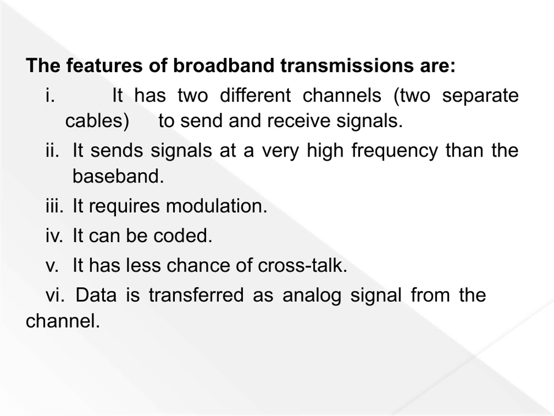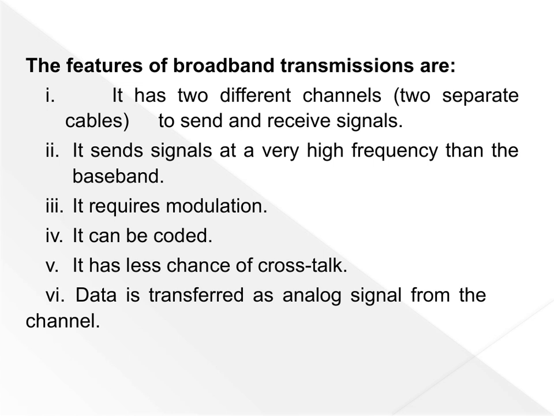Another key point is that broadband requires modulation, which is a process that helps encode the signals onto higher frequencies for transmission. Because of this modulation, signals can also be coded, adding an extra layer of security and error detection. Additionally, broadband transmissions tend to have less crosstalk, meaning there's less interference between channels, which results in clearer signals.